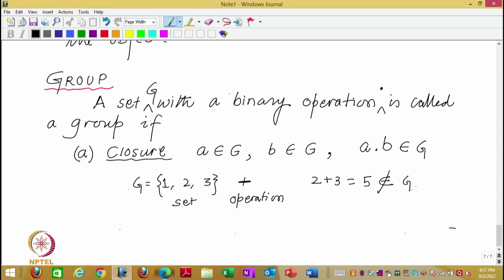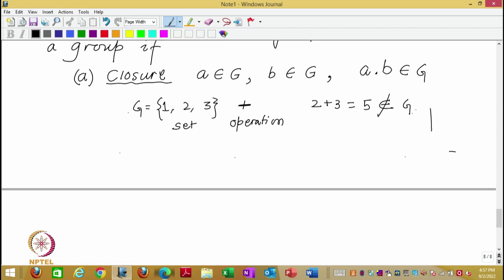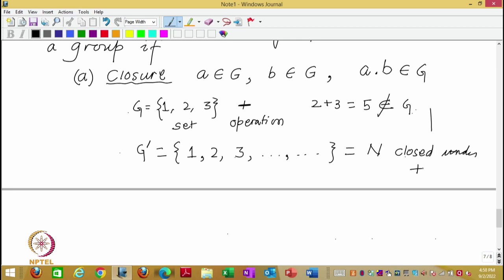So, this is not a closed set under addition. If we want a closed set under addition, we will have to take the entire set of natural numbers, then only it will become closed. I am only looking at the closure property at the moment. So, it is closed under plus.